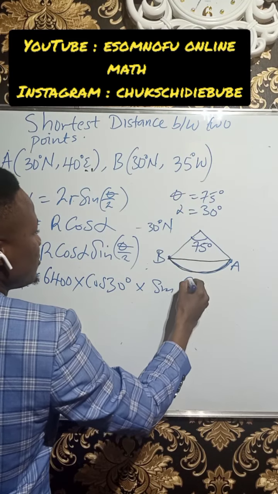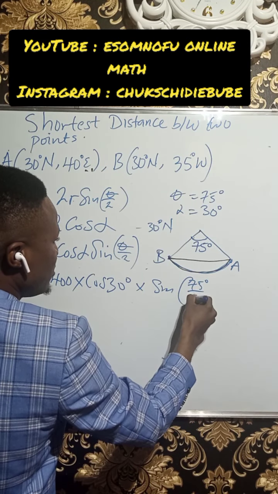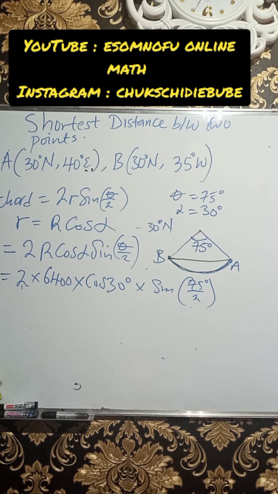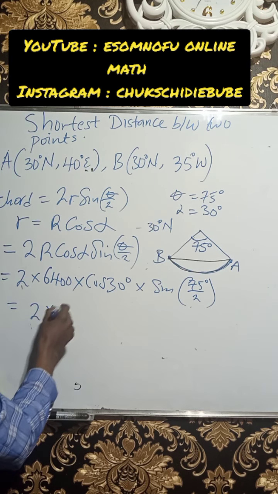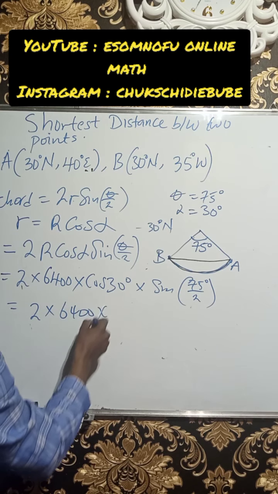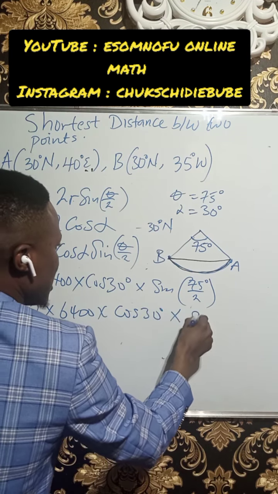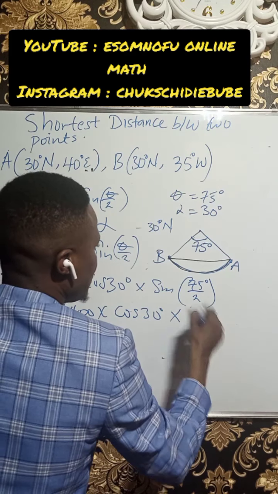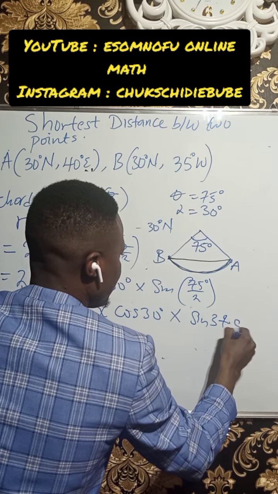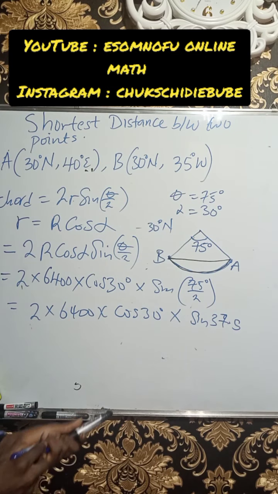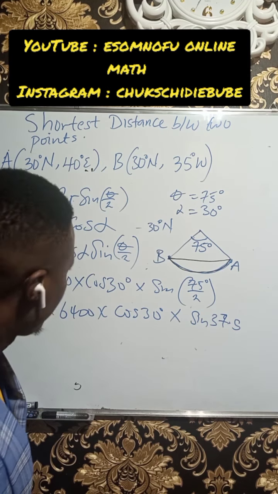My theta is 75 degrees, so it's going to be 75 degrees over 2. So this whole thing becomes 2 times 6,400 times cos 30 degrees, then times sine 37.5, because if I divide 75 by 2, I will get 37.5.